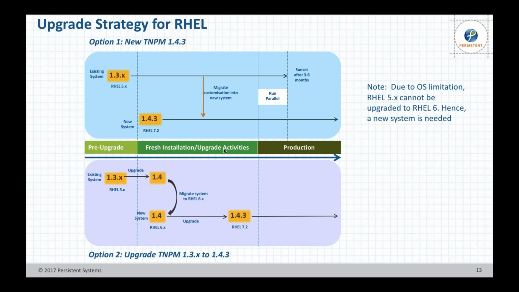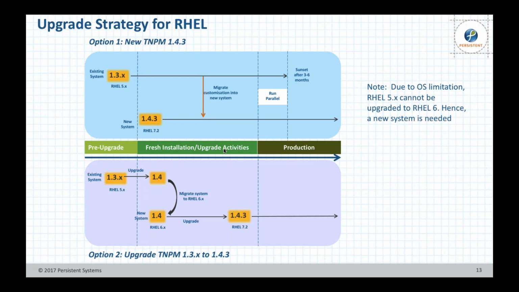The upgrade strategy for Linux or Red Hat is slightly different from AIX and Solaris. The reason for that is, for the same server, if you're trying to upgrade on the same existing hardware, there is no upgrade path from Red Hat 5 to Red Hat 6.